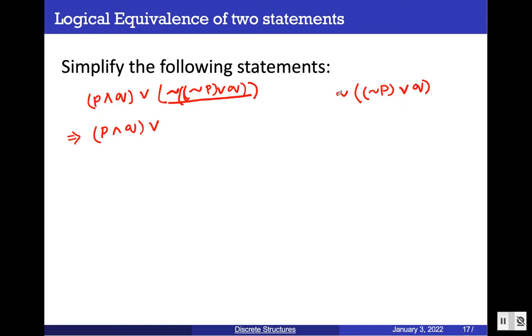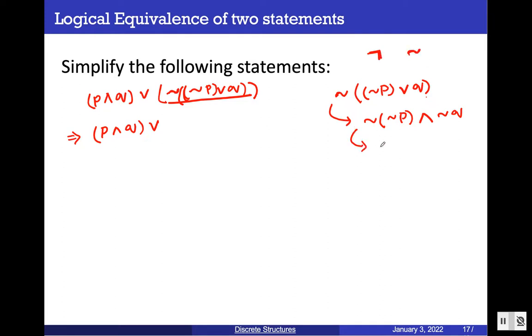If we apply De Morgan's law to that, this is equivalent to not P and not Q. Instead of not, you can also use this symbol. We can use both this symbol and the tilde symbol for not.